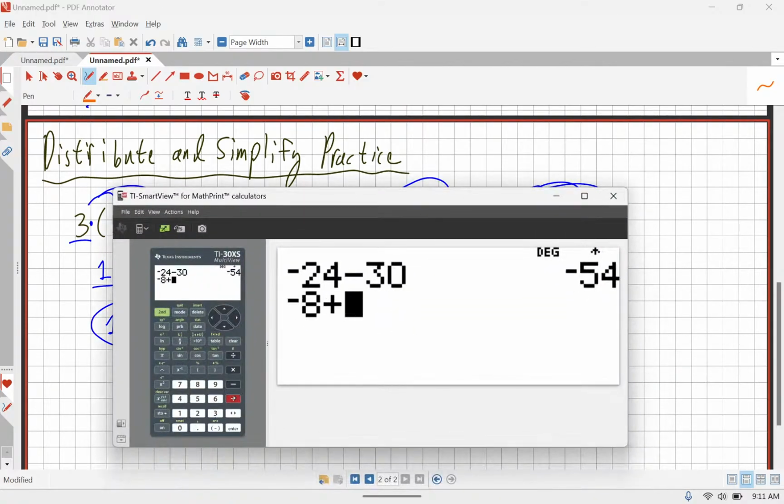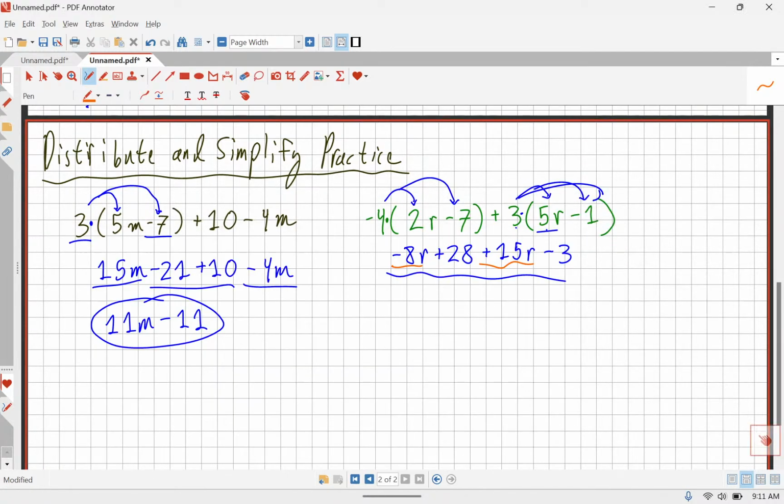So leave the variables out of this. Negative 8 plus 15 is positive 7. So I would write that as 7r. Now I've got these to put together. How do I put those together, Ada? Yeah, 28 minus 3, which is positive 25, and it becomes a plus 25.